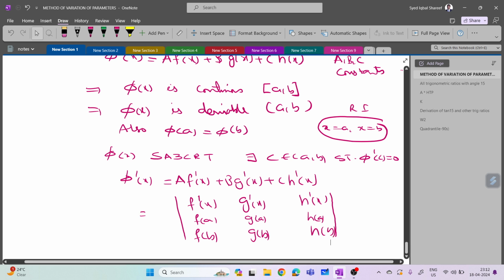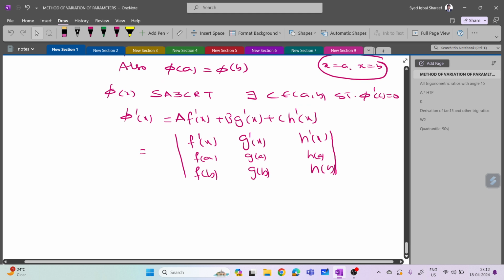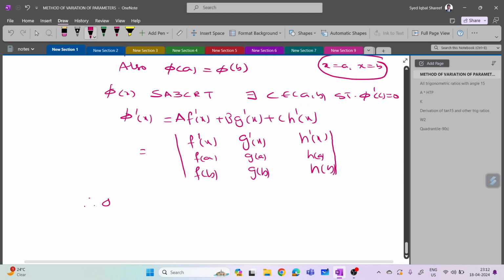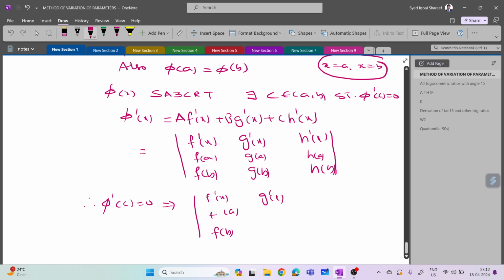Since phi of x satisfies all three conditions of Rolle's theorem, there exists c in (a, b) such that phi dash c equals 0. That means the determinant of f dash c, f of a, f of b; g dash c, g of a, g of b; h dash c, h of a, h of b should be equal to 0.